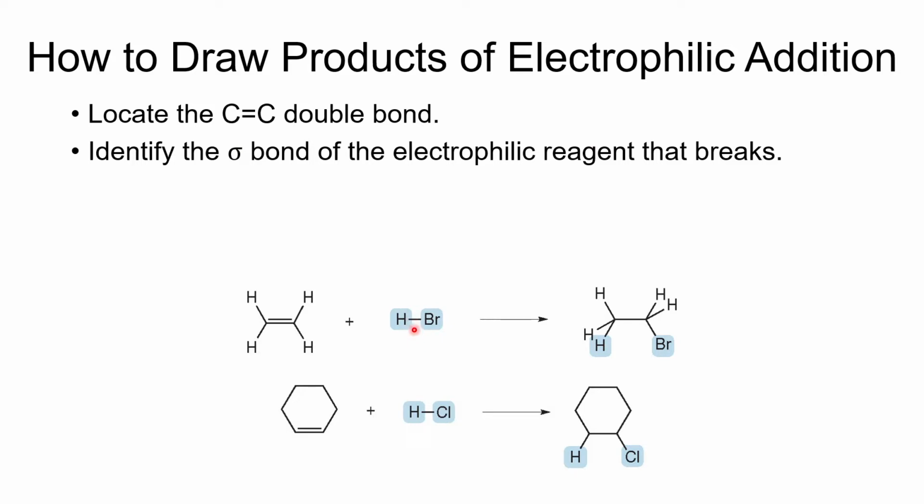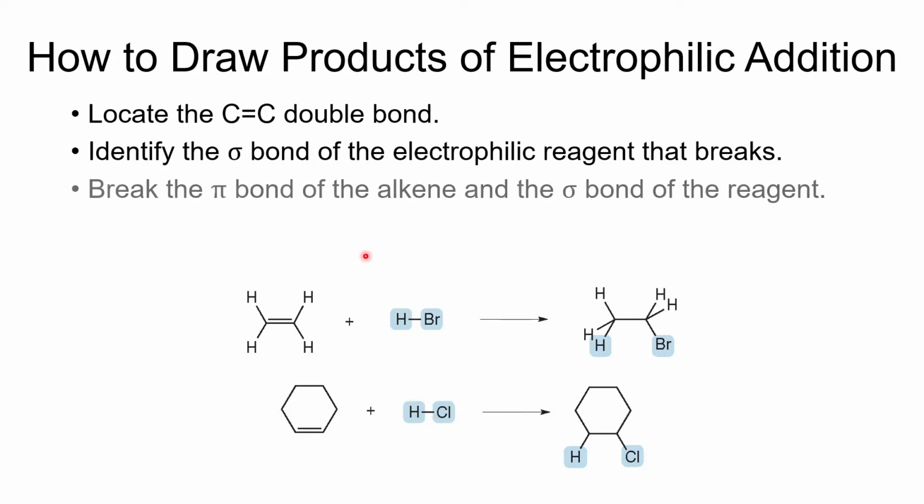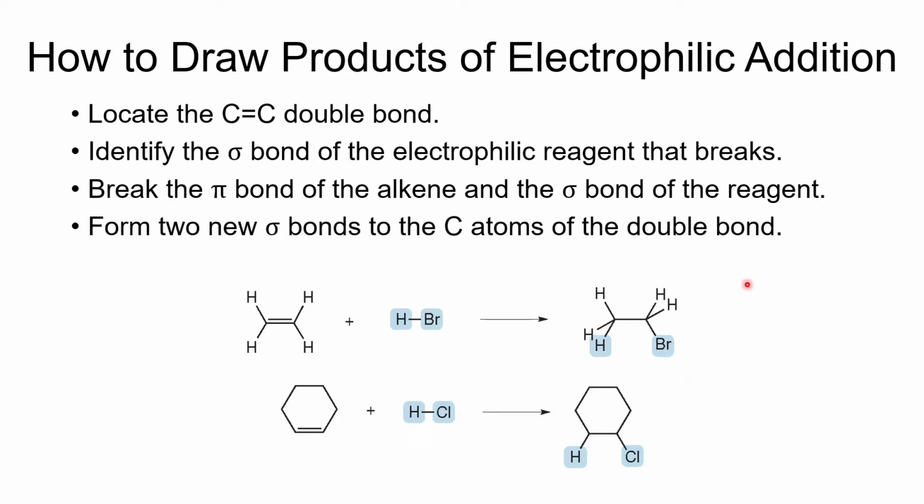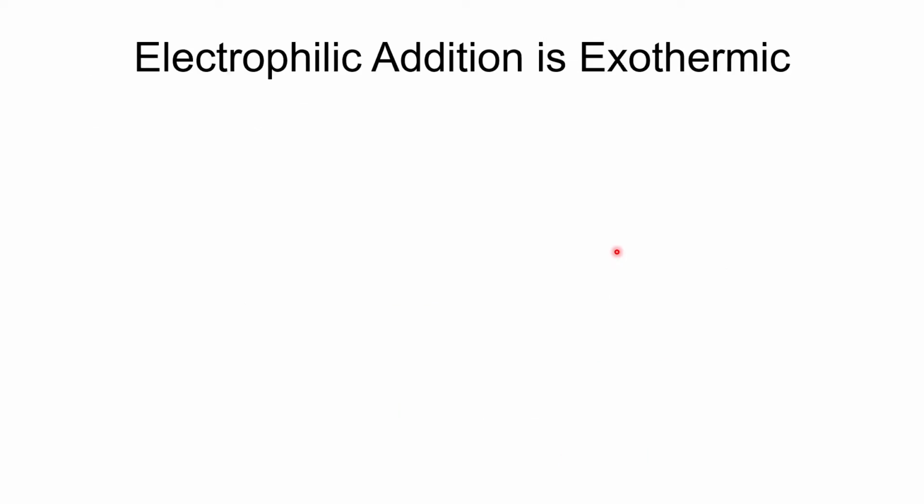So here, in this case, it's the hydrogen-bromine bond, and in this case, it's the hydrogen-chlorine bond. We're going to break the pi bond of the alkene and the sigma bond of the reagent, and we're going to make new bonds between the carbon and each of these atoms. So one carbon in one of those atoms, one carbon in the other atom. And so that is how we can draw the products of electrophilic addition.